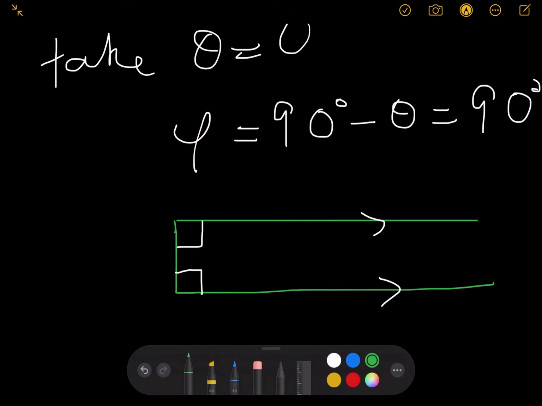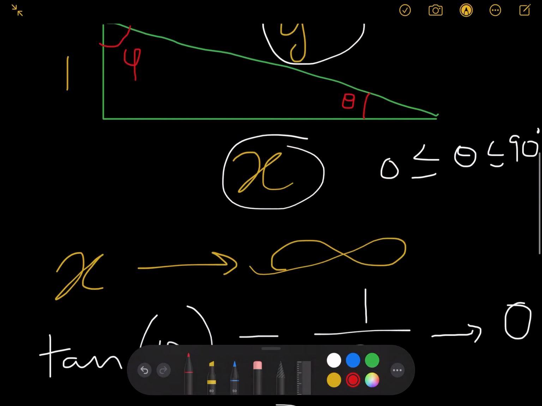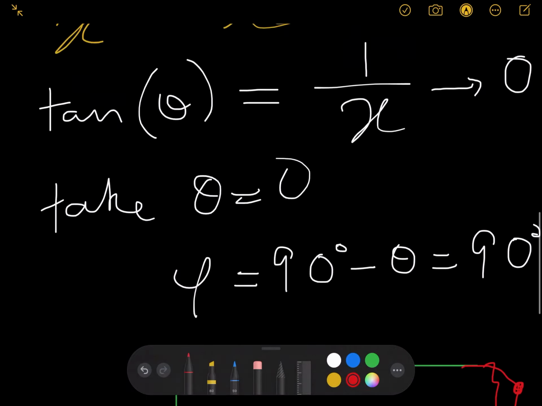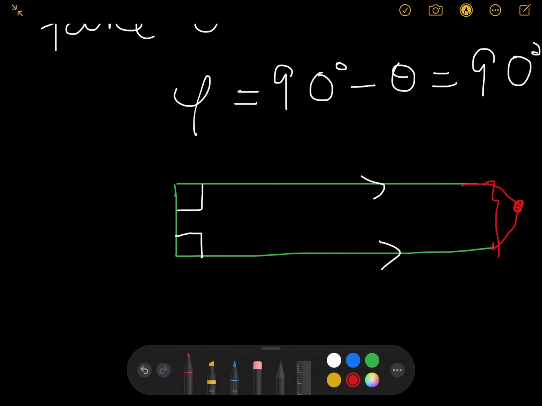But now we also know that if they're parallel, they never converge. But we know that they do meet at some point, and that point is right here. We know that for a fact, right? So if they meet at a point, but they're also parallel, then the conclusion is that they are pretty much the same line. Now, if they are the same line, then they would not have any distance between them.